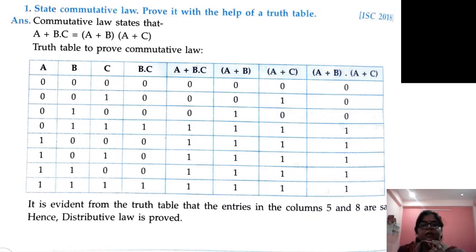So comparing a plus b dot c with a plus b dot a plus c, both are equal. So it has been proved. This is a board question, it came in ICSE 2018.